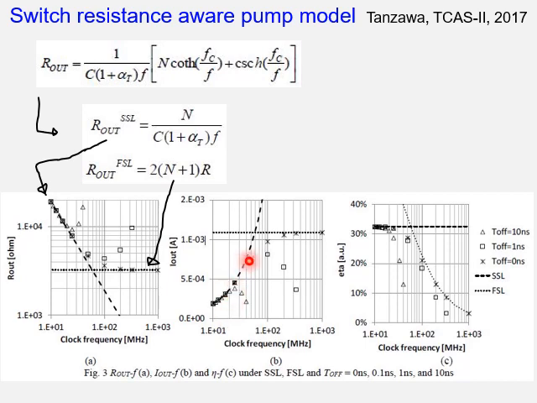And so this suggests that you should minimize off time to get the maximum output current with the given circuit area.